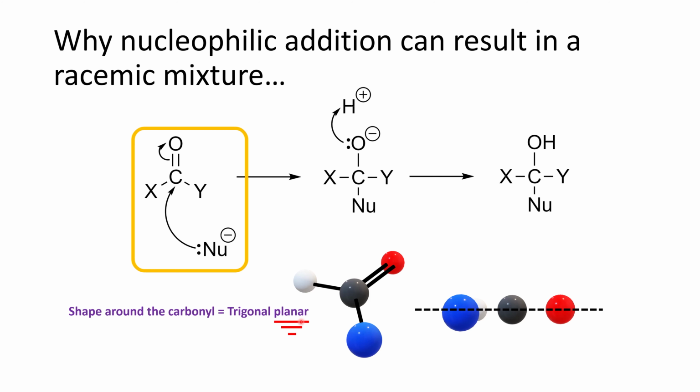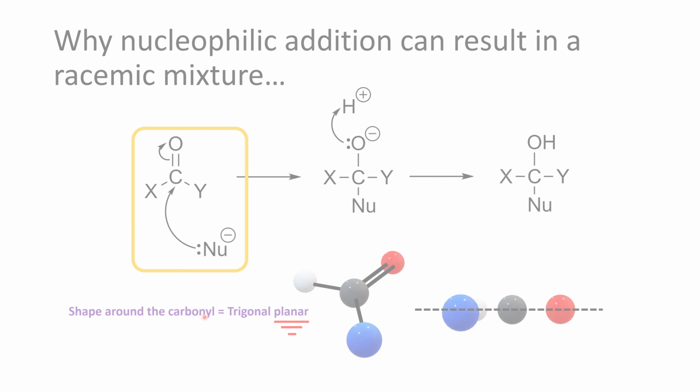That's what the planar means in trigonal planar. Planar meaning flat, trigonal meaning to form that triangular shape when you join up all the corners. Remember that the bond angles here also are 120 degrees. This trigonal planar carbonyl group is the reason for the racemic mixture caused by nucleophilic addition.